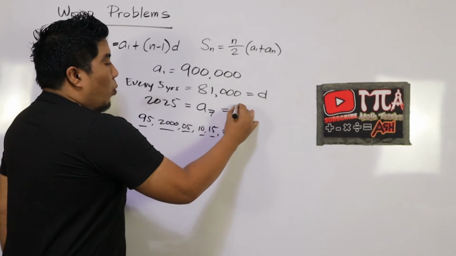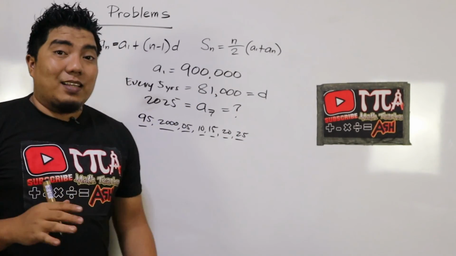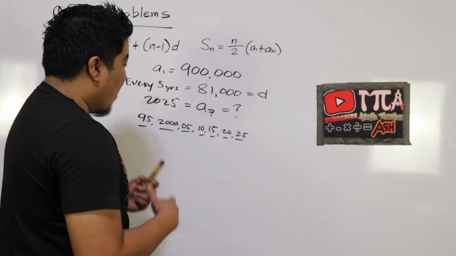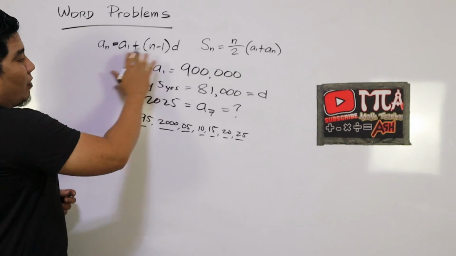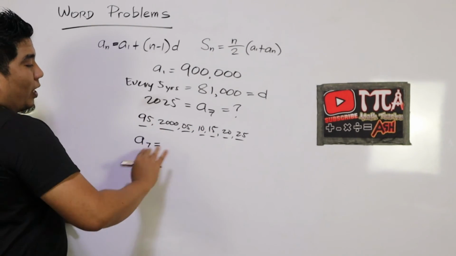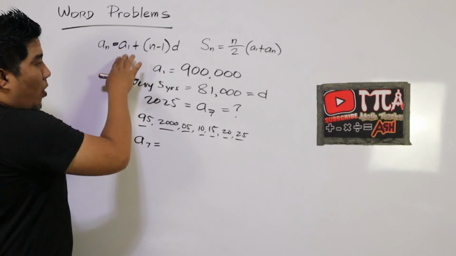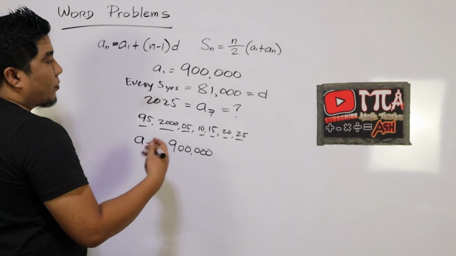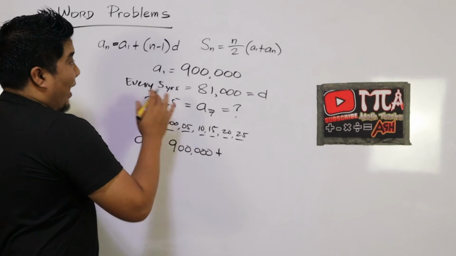So, how much will be the value of our lot in 2025? What you need to do here is basically apply the formula. So that is a sub 7, because we are getting the value of the 7th term. Our first term is 900,000 pesos plus n minus 1.